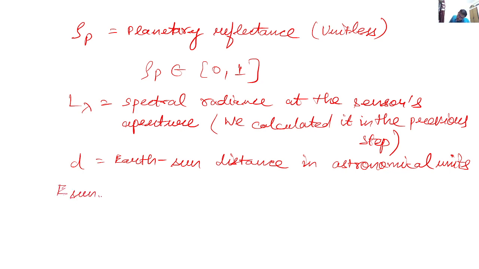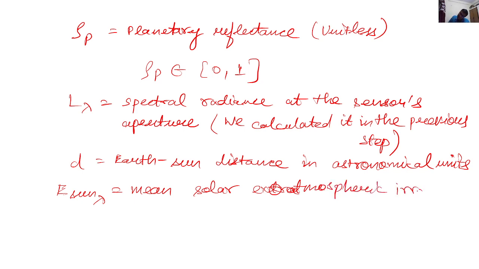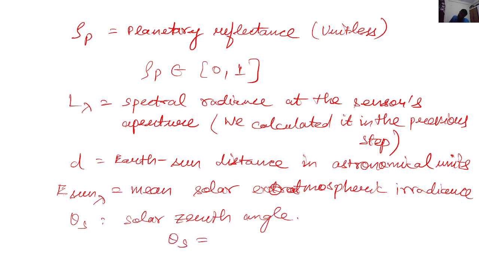E sun lambda is the mean solar exoatmospheric irradiance, and theta s is the solar zenith angle, and theta s solar zenith angle is 90 degrees minus the sun elevation.